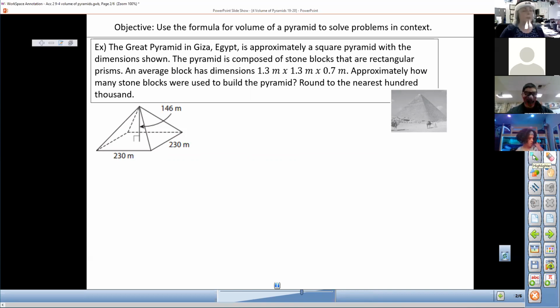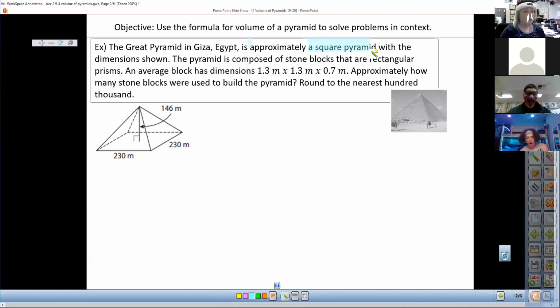All right, so we start by reading this problem. The Great Pyramid in Giza, Egypt is approximately a square pyramid with the dimensions shown. So we have pretty much a square pyramid here, and we have this picture of our square pyramid over here. The pyramid is made of stone blocks that are rectangular prisms.